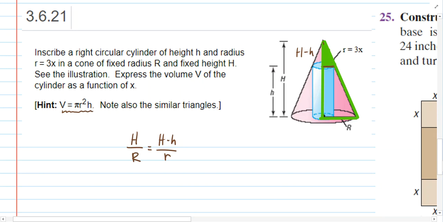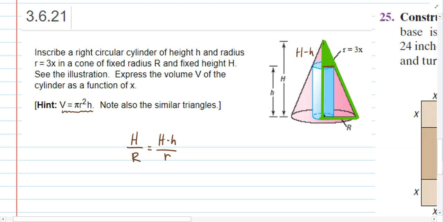of a cylinder is dependent upon both the radius of the cylinder and the height of the cylinder. And with this equation, we can do some manipulation to solve for lowercase r or lowercase h. And by doing so, we can rewrite the volume in terms of a single variable instead of two variables.